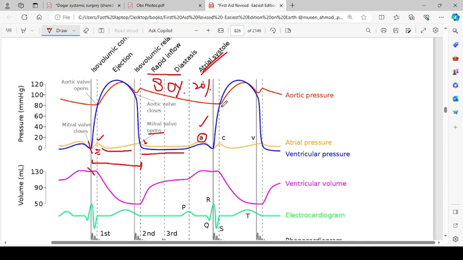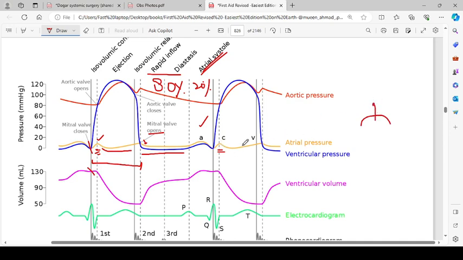Then at this point, the mitral valve closes. I'm sorry, this is the point where the mitral valve closes. Now this C wave corresponds with the ventricular contraction, when the mitral valve slightly protrudes into the atrium. That gives us the C wave, right?